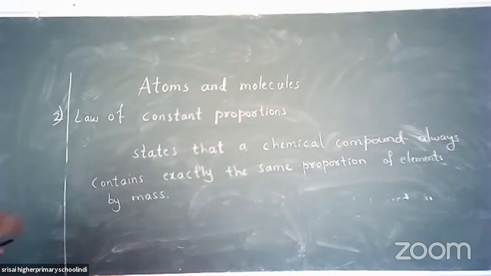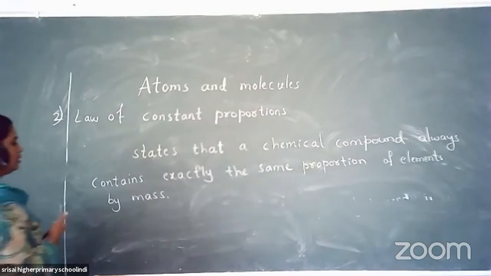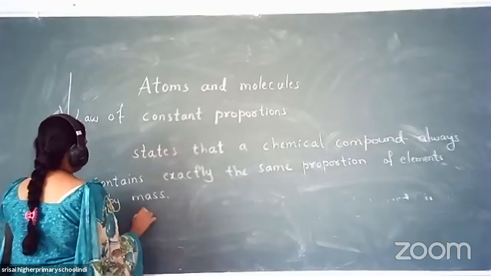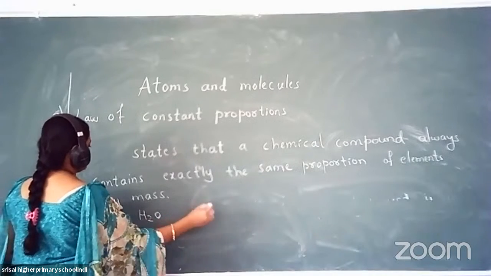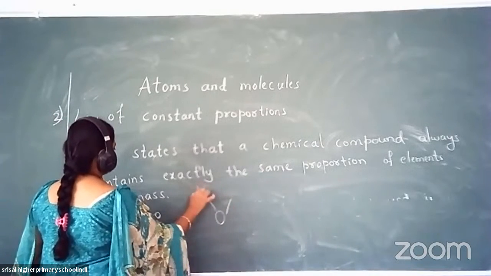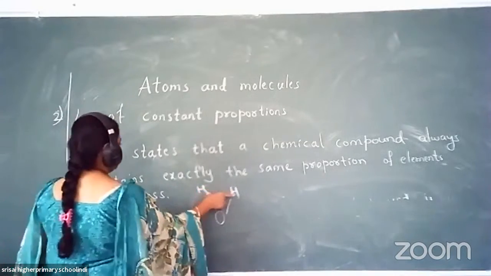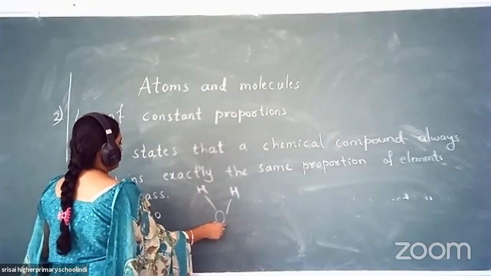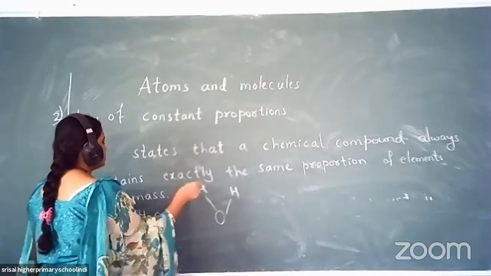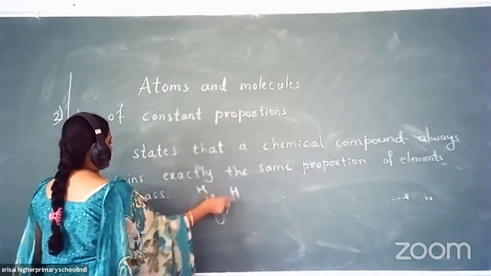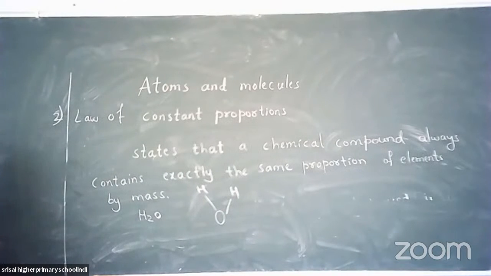I told you water is H2O, right? In H2O, O is 1 and H is 2. These H2 are proportional to O, or O is proportional to H. It always contains exactly the same proportion of elements. You have to understand this in the second law.